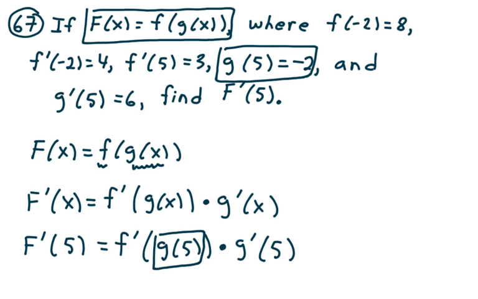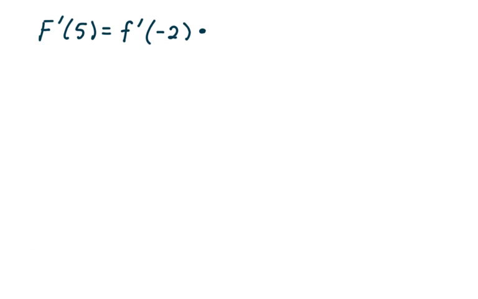So capital F prime of 5 is equal to f prime of, and again, g of 5 is -2, times g prime of 5, which is 6. That's right here. So I'm going to multiply by 6.